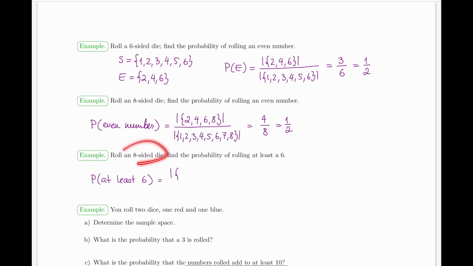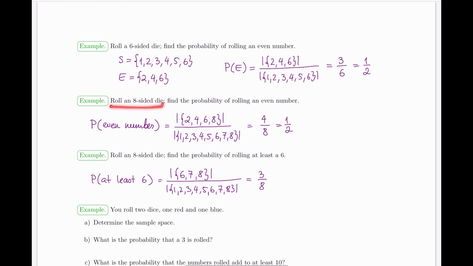Now my die is 8-sided, so the highest I can go to is 8. So at least a 6 means 6, 7, or 8, divided by the number of total outcomes, which of course will be still all the possibilities here. The number of elements on the top is 3. The number of elements on the bottom is 8. So overall, I have 3/8.